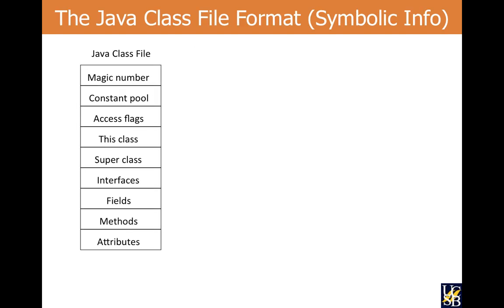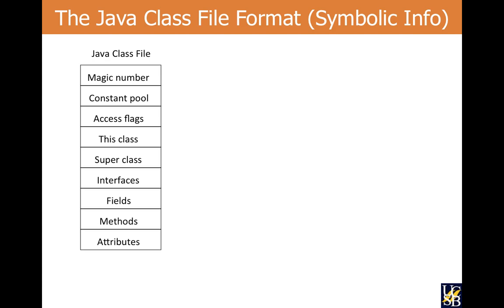Here's an example of what the layout looks like. The layout, again, is well defined. Starts off with the magic number, which is a unique identifier just to indicate that this is a Java class file. Then the constant pool table is there. This is the table of symbolic information.